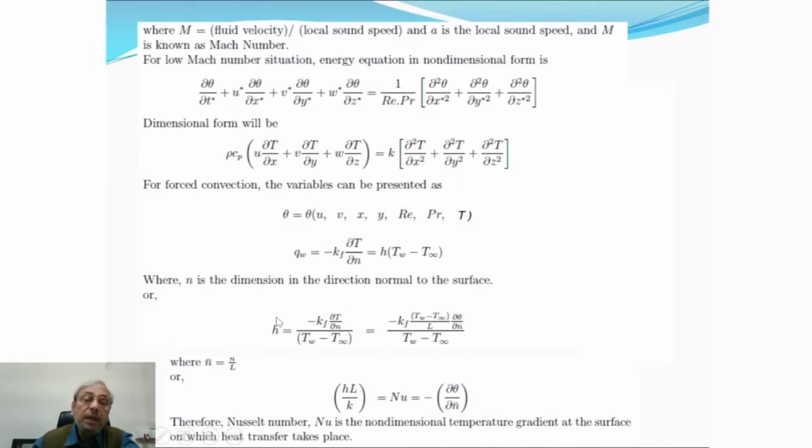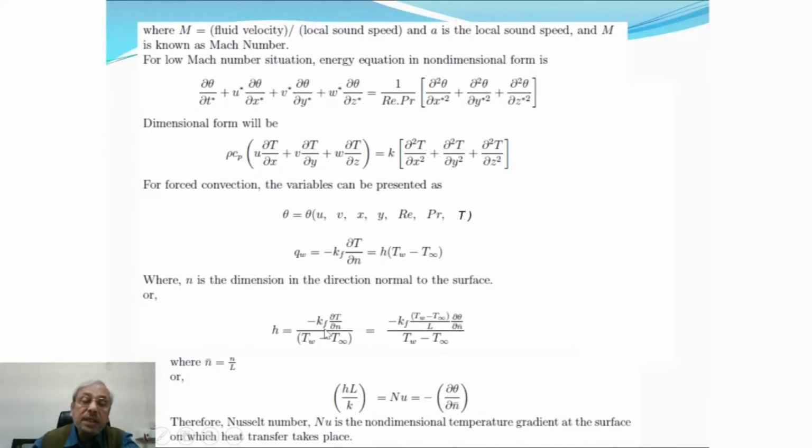So from here we can write H equal to, and look at this quantity, this is thermal conductivity, but deliberately we have added F to give emphatic attention to this.